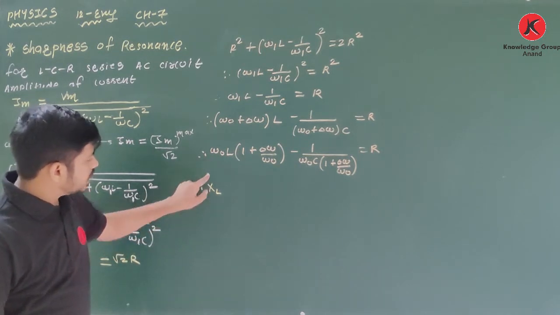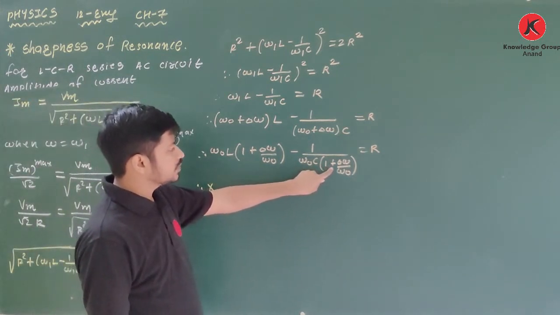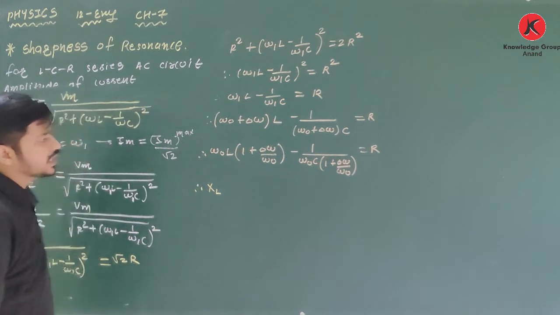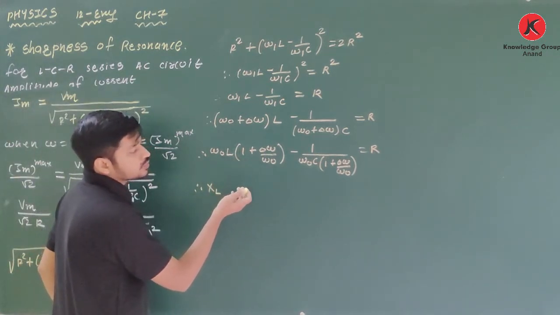Okay, omega 0 L is equal to XL, and 1 upon omega 0 C is 1 plus delta omega upon omega 0. Now, how to simplify this term?